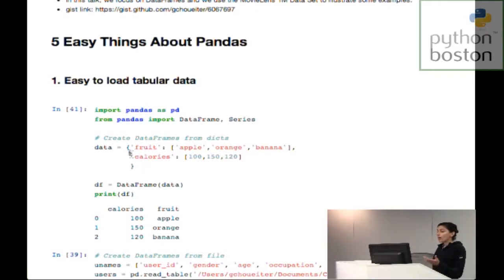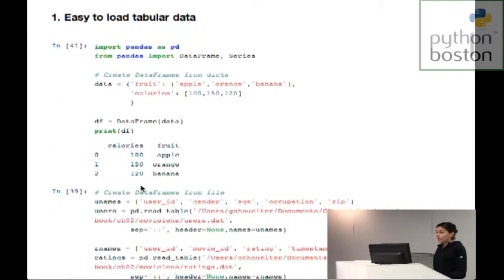Once you wrap this dictionary with DataFrame, you end up with a table that contains 2 columns, the calories and the fruits. This is basically from the keys of the dictionary. And because you did not specify the index, which is the labels of your rows, a data frame will by default assign integers starting from 0 onwards.